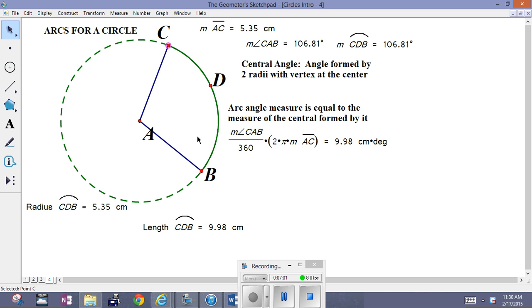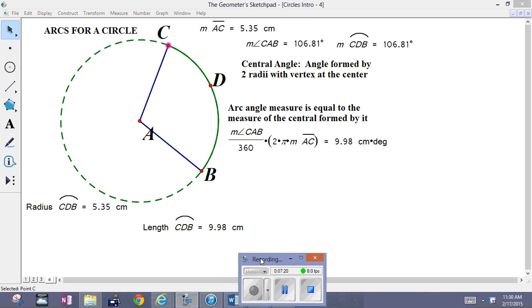We also see that the arc has a length, and we will talk about that momentarily. So that is our arcs and our major, minor, and semicircle arcs. That's what we're moving into in section 7.6 now.